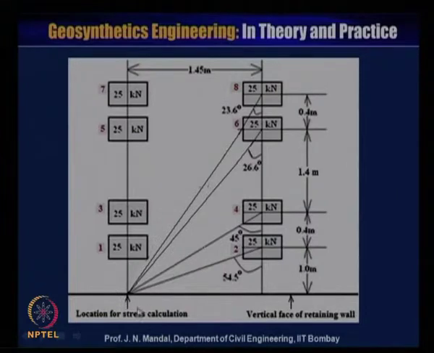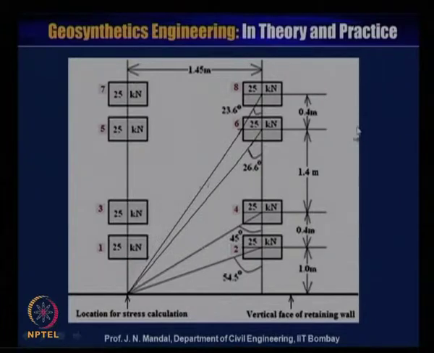And this is the location for stress calculation. That means this is the vertical face of the retaining wall, which is located 1 meter from this wheel. And because there are 200 kilonewton, each wheel will carry 25 kilonewton.